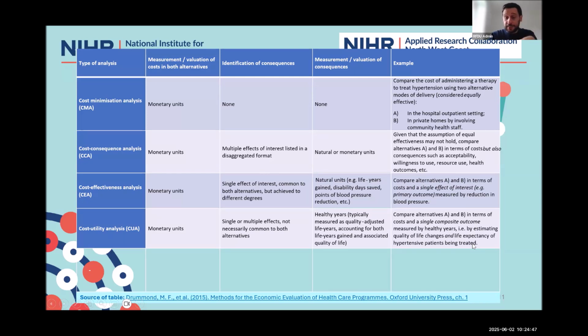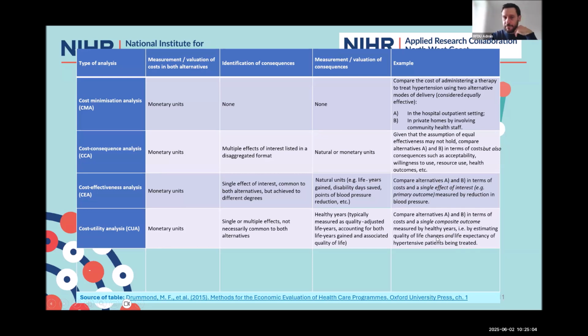And why did I say that using a single composite outcome like health years kind of circumvents the variation in outcomes we will have to deal with in cost effectiveness analysis? Because health years can be applied to different health or disease areas.